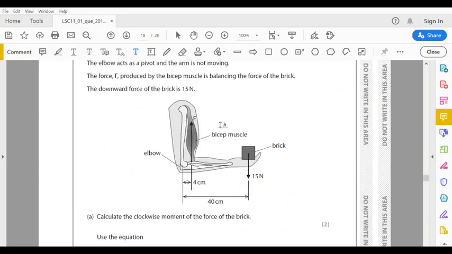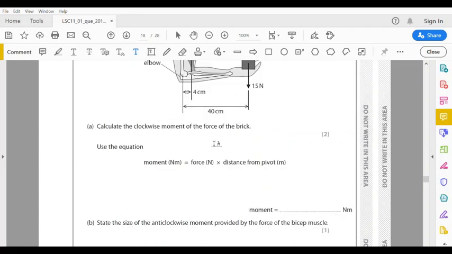So clockwise is the direction in which the clock is moving. The weight is moving towards the clockwise direction. Force, we know the value, 15 newtons acting downwards, times 40 centimeters. So I will convert that into meters, 0.4. The answer will be 6 newton meters. So I'm writing it here, 6.